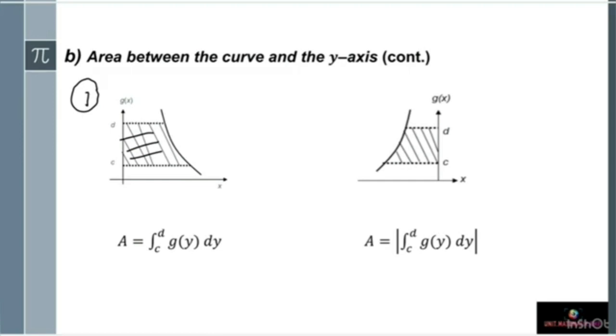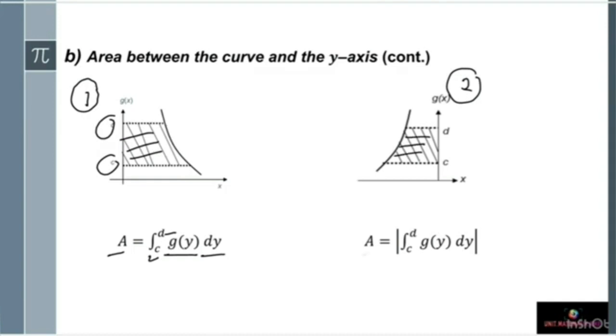So what we have to do in order to find the area is A equals the integration from c to d of a function in terms of y with respect to y. For the first case, we don't need modulus. But for the second case, we need modulus. Why do we need modulus? Because our region here is to the left of the y-axis. So that's why we need modulus.